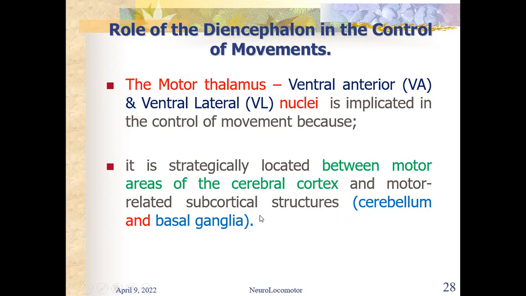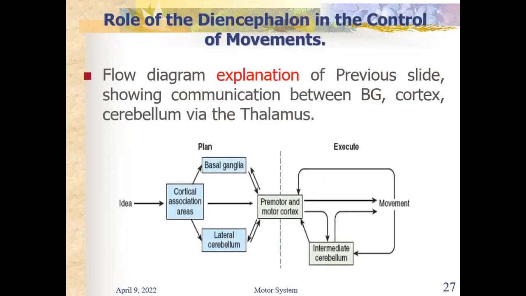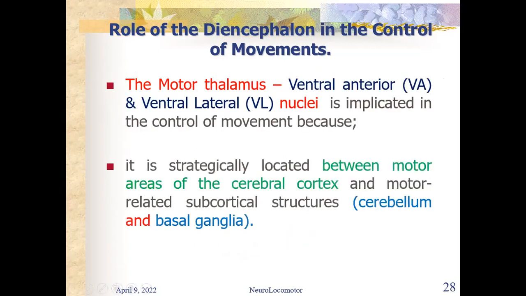So when you look at this flow diagram, you will see it is strategically located between the basal ganglia and the motor cortex, between the intermediate cerebellum and the motor cortex, between the premotor cortex and the lateral cerebellum. Okay, so it is strategically located. That is why it is known as the motor thalamus.